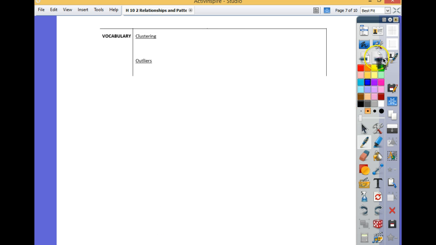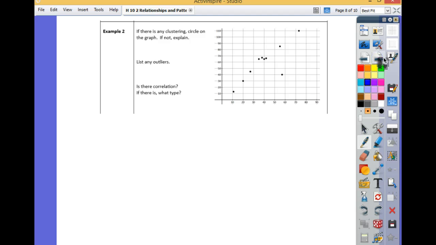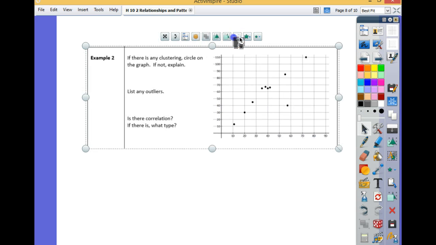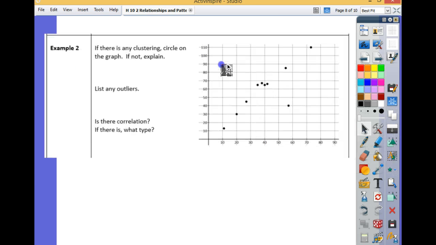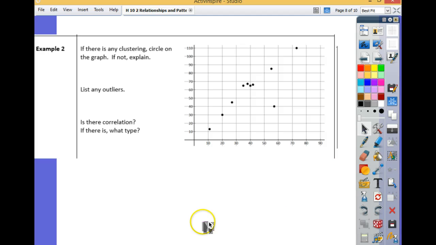All right, now here's where you can draw your clusters and see if we have any outliers. I'll make this just a little bit bigger. When I look at this graph, do you guys see any clustering? Like I said, I've been taught two different ways where this looks like it could be a cluster. But if you go by that, then it's kind of hard to say where your outliers are.